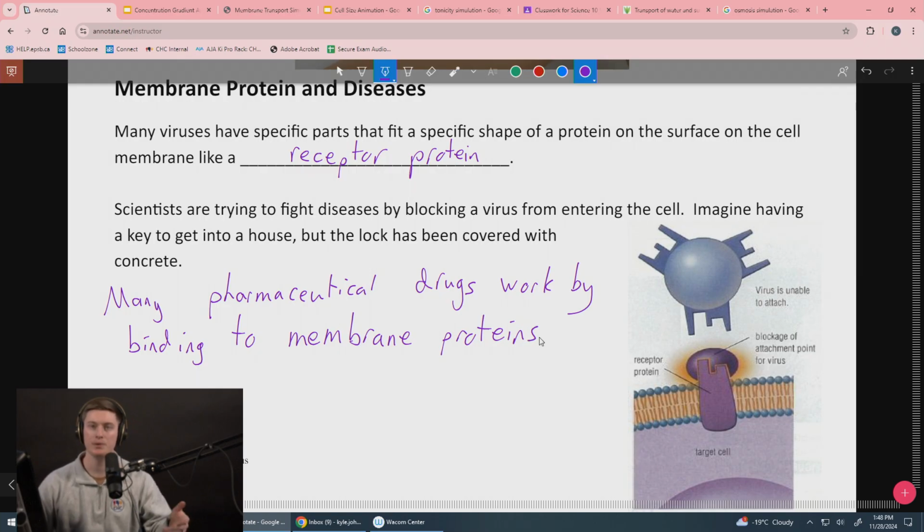So for example, a painkiller drug can bind to a receptor protein to block the pain signal. That would be an example. Or an antibiotic might bind to a receptor or to an enzyme on a bacteria's cell membrane.